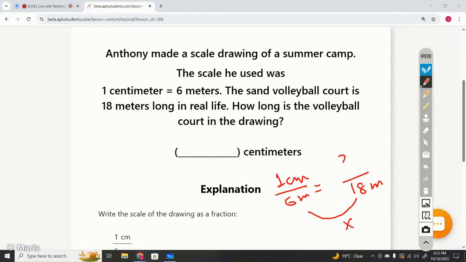Just make a relationship between them. 6 times what number is 18? 6 times 3 is 18, right? So 1 times 3 is 3, that is 3 centimeters. The correct option is 3 centimeters.